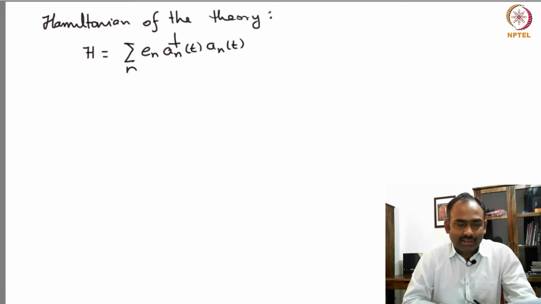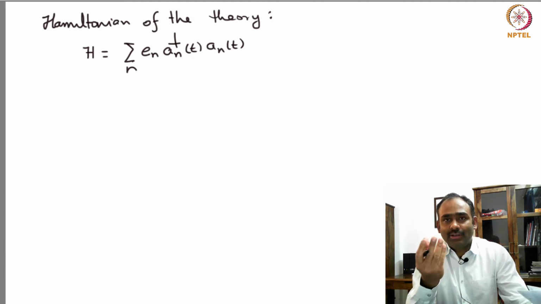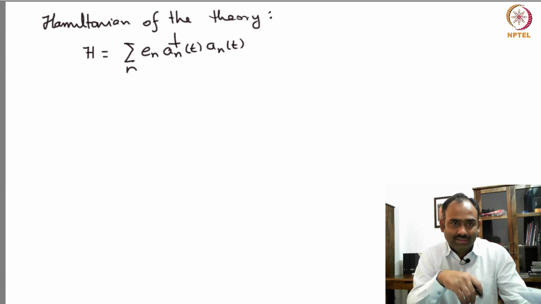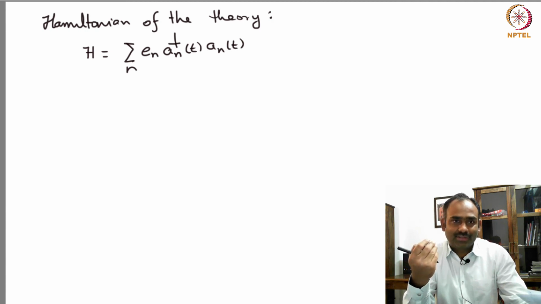So that is the Hamiltonian of the theory, and we see that this is something familiar. If you look at each term, let's take the first term E1 A1 dagger A1. That's the Hamiltonian of a harmonic oscillator which has its frequency as E1. And what we see here is that your system is a sum of infinite number of harmonic oscillators, because n runs from 1 to infinity.